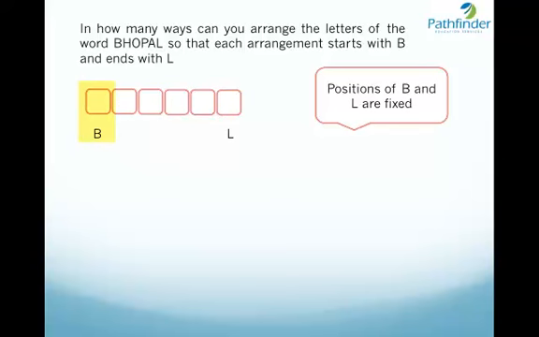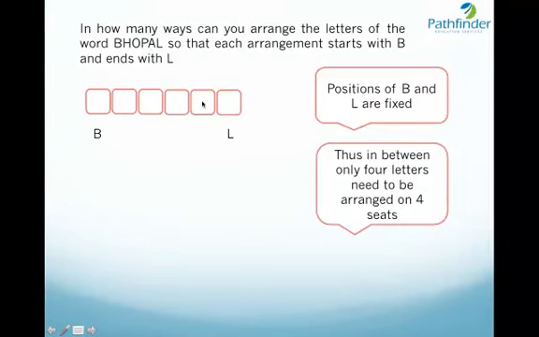B is at the starting, L is at the end. In between there are 4 letters, and these 4 letters can be arranged in any of the in-between seats. So obviously 4 letters and 4 seats. In how many ways can we do that? We can do that in 4P4 ways, which is factorial 4.